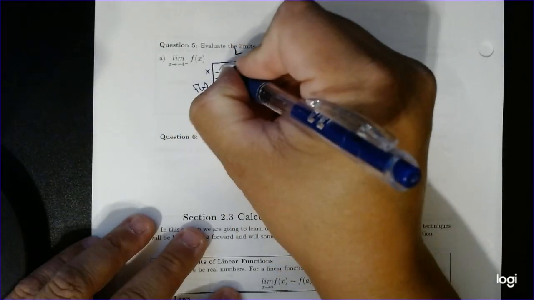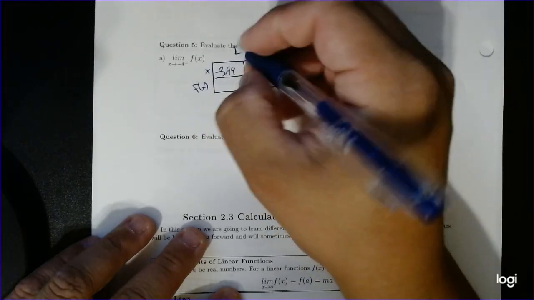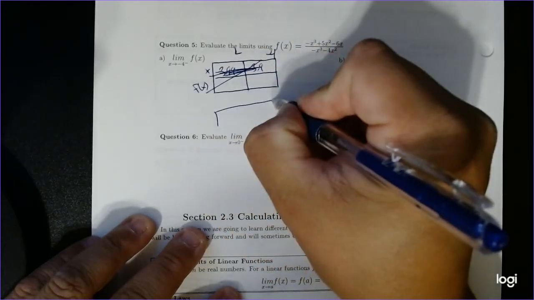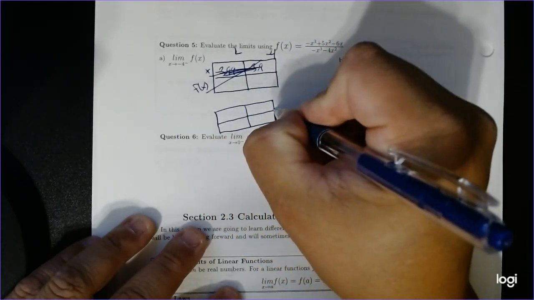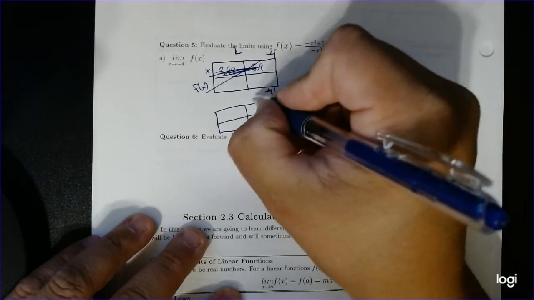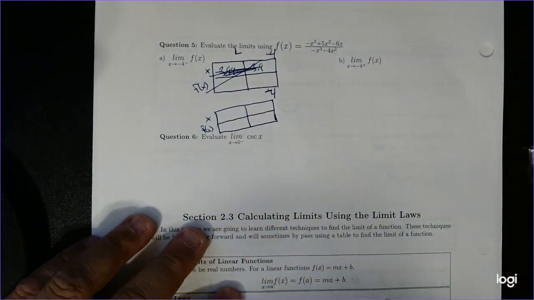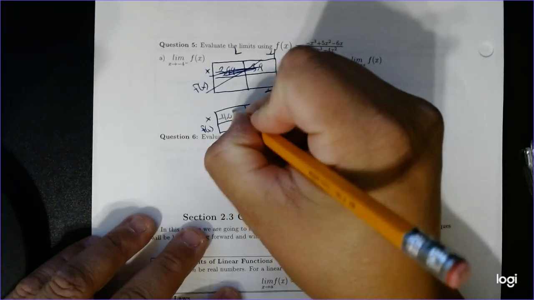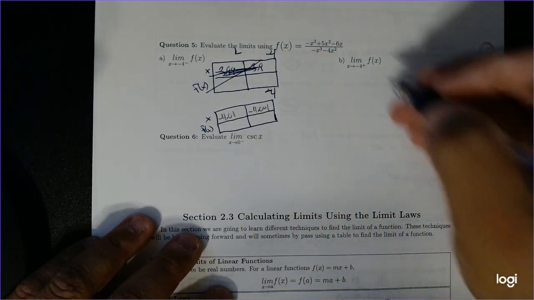So for example, -3.99, -3. Oh, to the left, my mistake. Let me redo this. So -4. So it's going to be -4.01, -4.001, and this one's going to be the opposite.